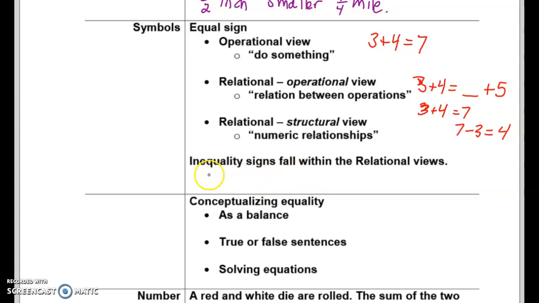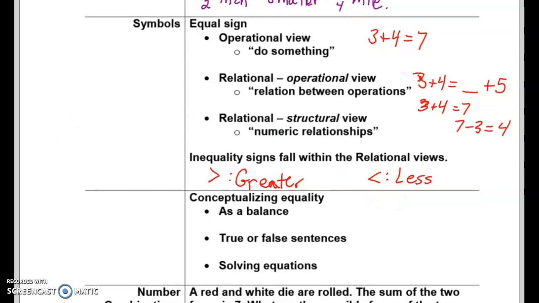So here is your greater than, and then this would be your less than. This side is less than this side. The left is greater than the right. So as you're reading it, you're going from a larger value to a smaller value, and from a smaller value to a larger value.